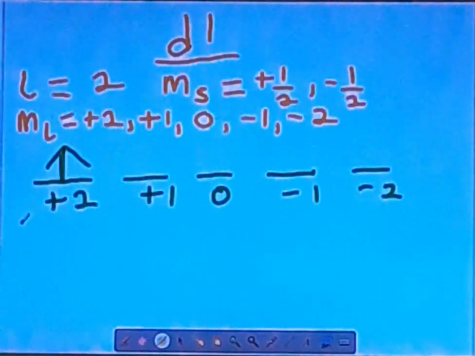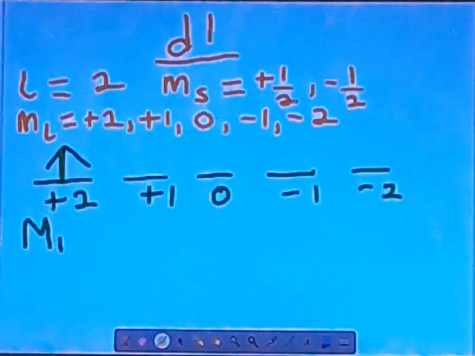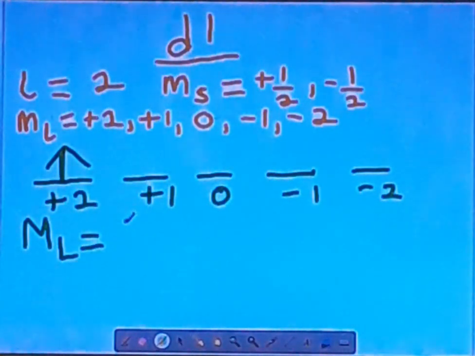Then we calculate the total orbital magnetic quantum number, which is represented by capital M and L. So we can get the total orbital magnetic quantum number by adding the magnetic quantum number of the orbital that contains an electron. Since only this orbital has an electron, it has only one electron, so the total magnetic quantum number is 2.